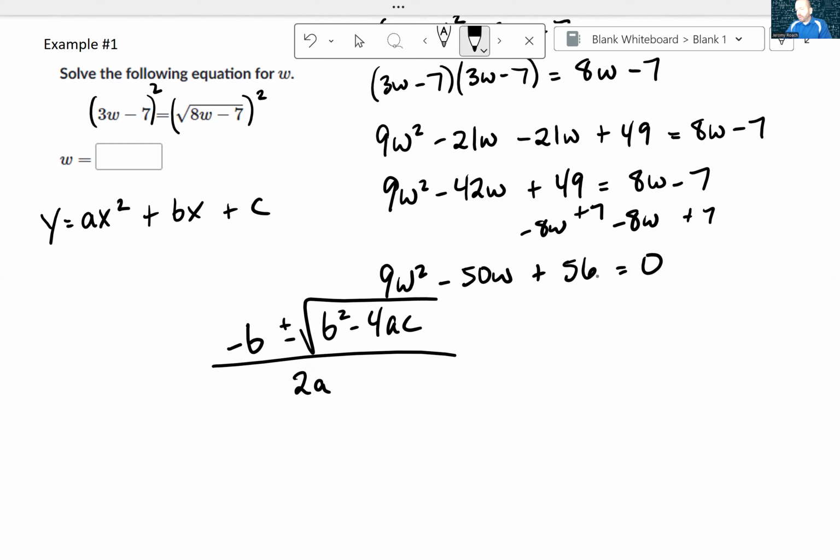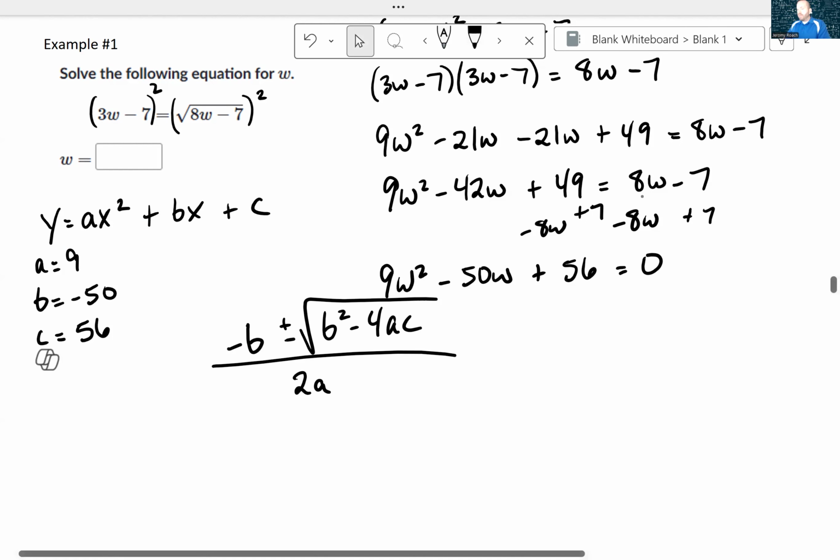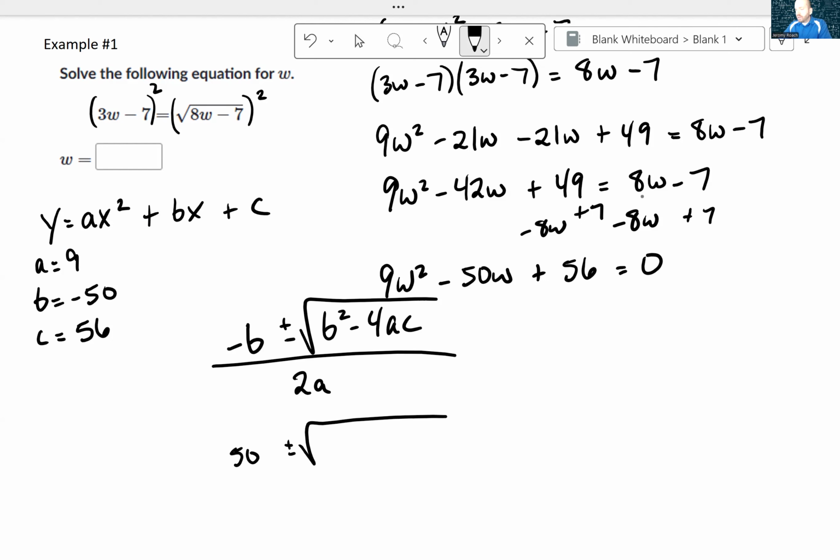So we're going to plug in these values. I like to write my values on the side, even though they're right there. I just feel like that's helpful for me, just so I don't miss a negative on accident. So b is negative 50 in this case. So minus negative 50 is positive 50, plus or minus the square root of negative 50 squared minus 4 times 9 times 56, all divided by 2 times 9.